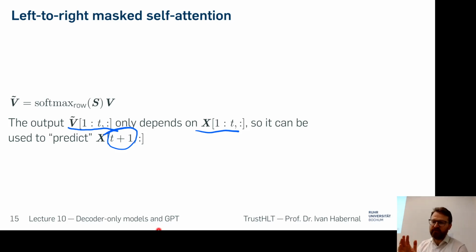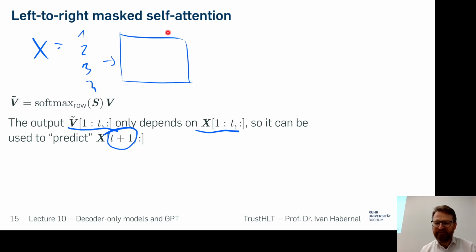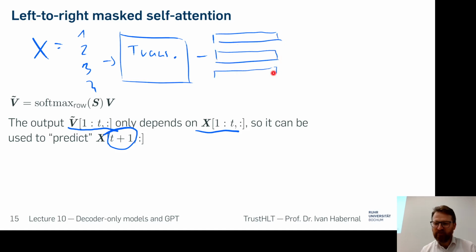Okay, so let me try again. Here's the input: tokens 1, 2, 3, 4, and it goes through the transformer, which means we have an embedding for each token.